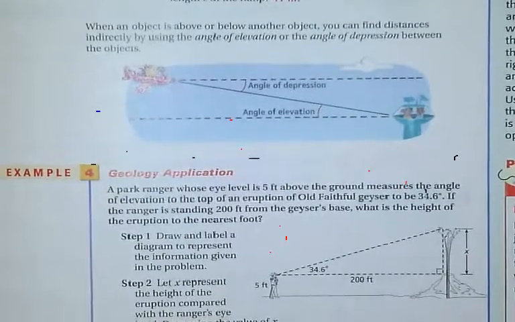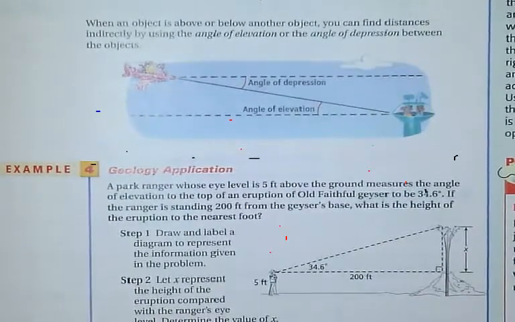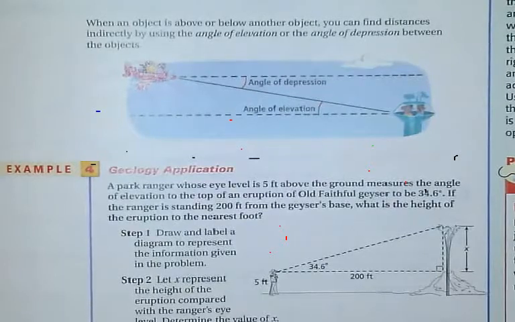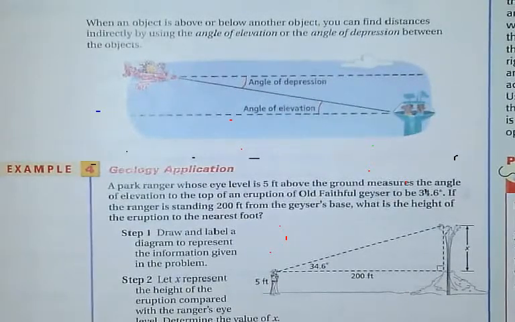When an object is above or below something, then you're measuring the angle of depression or the angle of elevation. So this man is looking at the airplane. And so if you consider flat, so you're comparing to horizontal, if I go up from that, that is the angle of elevation.